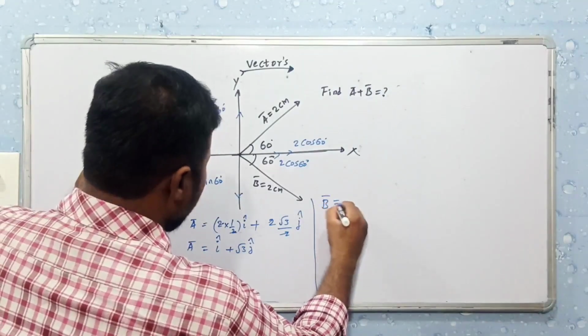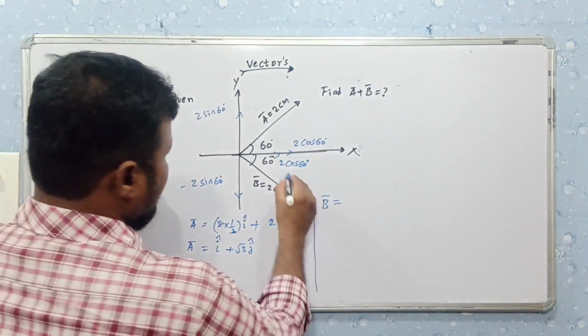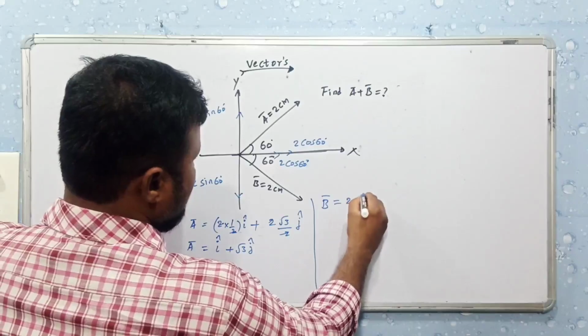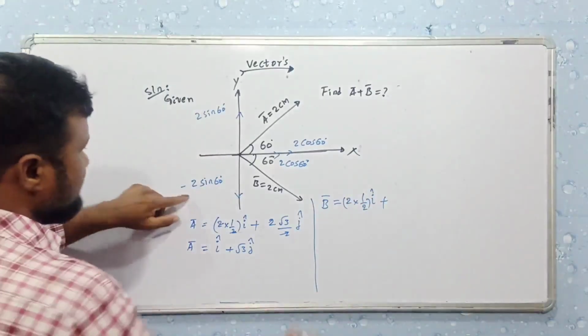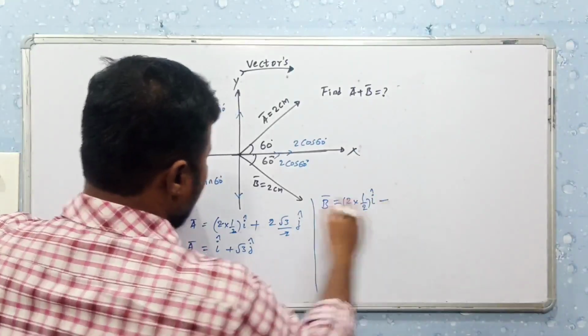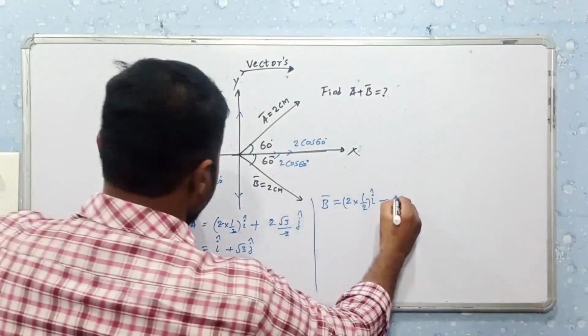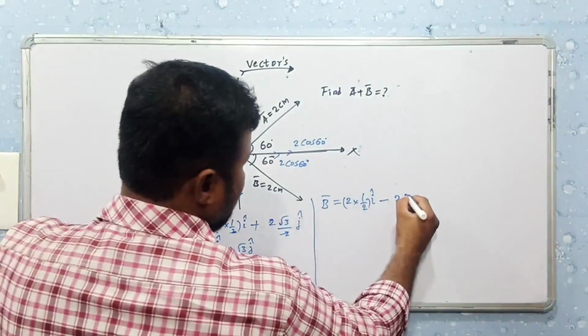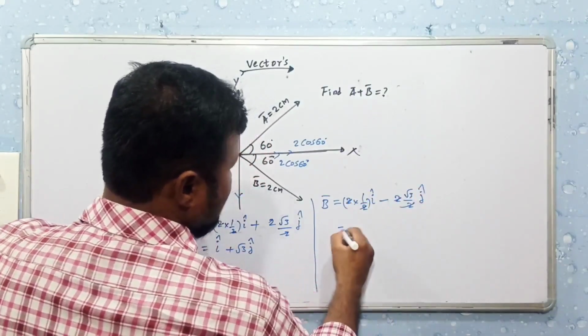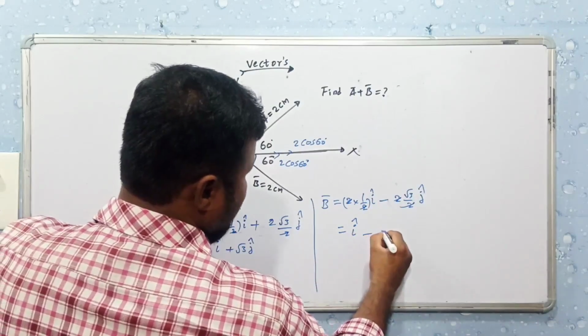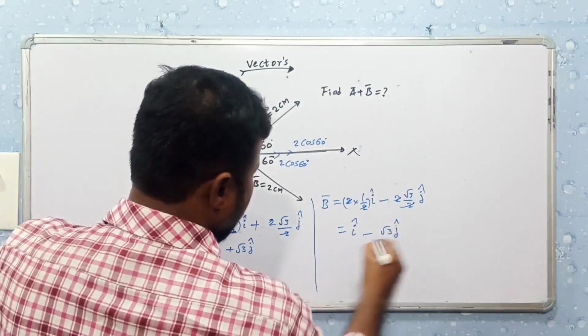So B bar is equal to 2 cos 60, 2 into 1 by 2 i cap, plus, negative y-axis, minus 2 into sin 60, root 3 by 2, j cap. 2 cancels, 2 cancels, i cap minus root 3 j cap.